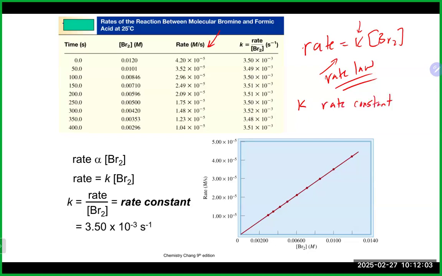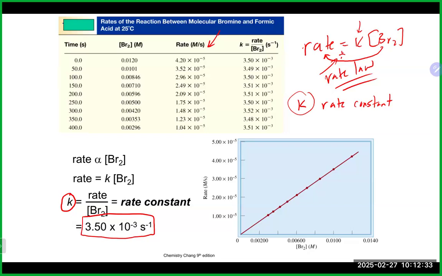It is lowercase k because, as we will talk about for the rest of the semester, capital K is the equilibrium constant, which is something slightly different, although they are related to each other. If we rearrange this and solve for the rate constant, which is the rate divided by Br2 in this case, by taking this to the other side and dividing, we will get this value here, which is 3.5 times 10 to the minus 3.